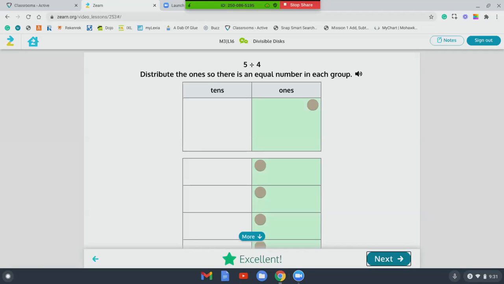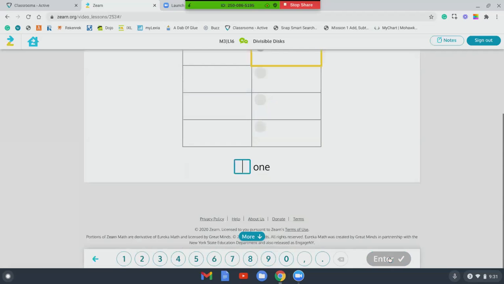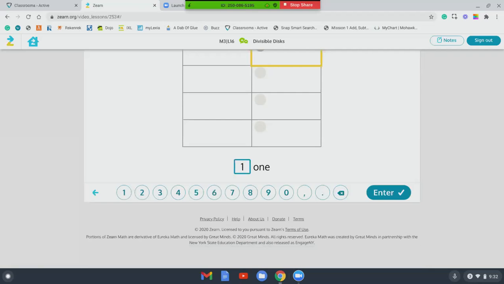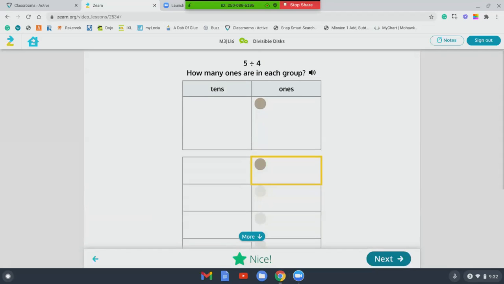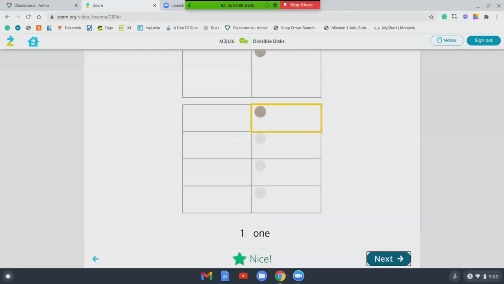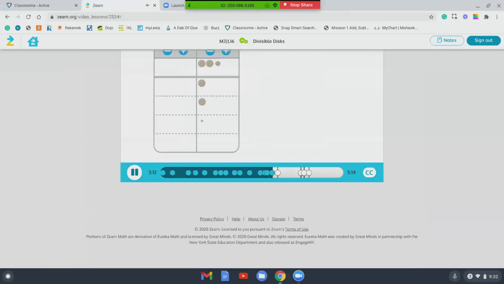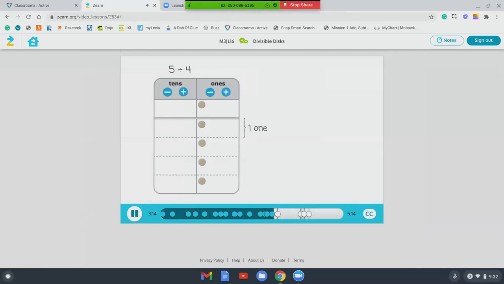There's still 1 left over. Okay, and there's 1 in each group. I placed 1 one in each group, but I have 1 one left over. It doesn't divide evenly. That's right, we have a remainder.